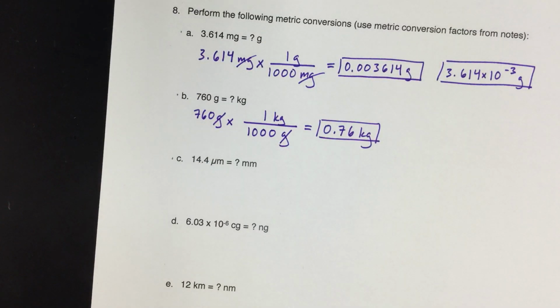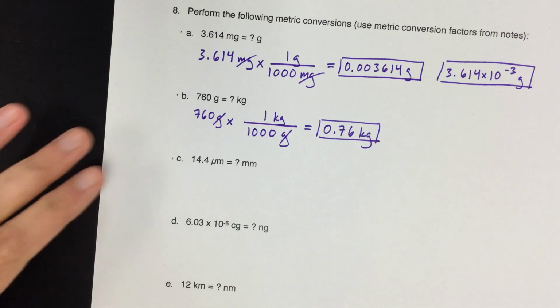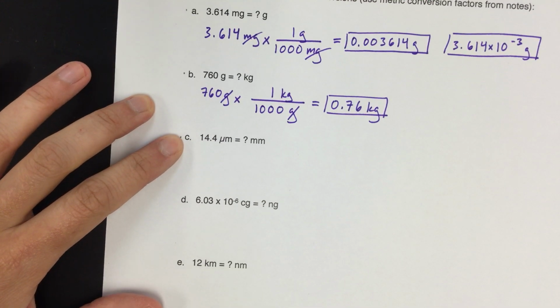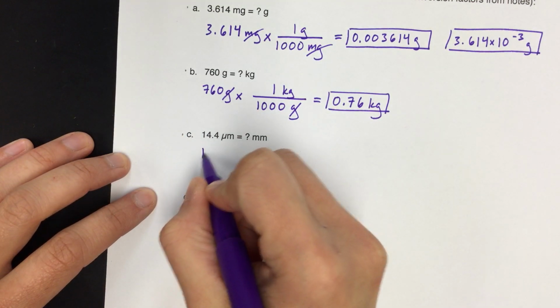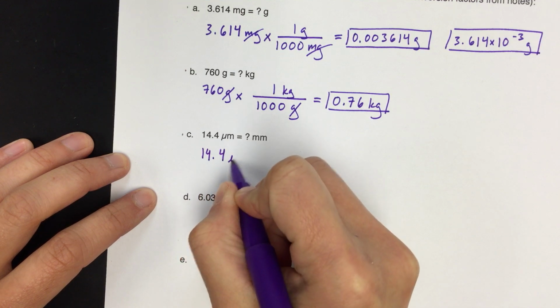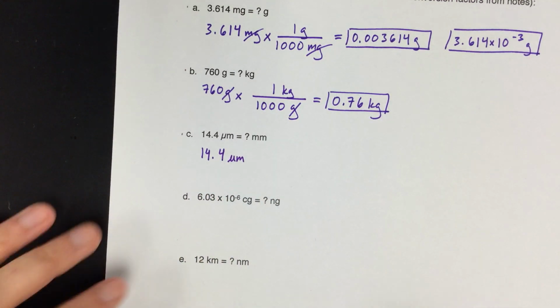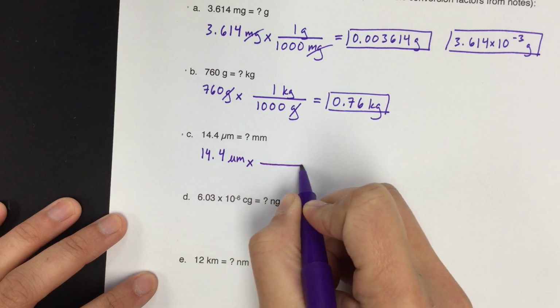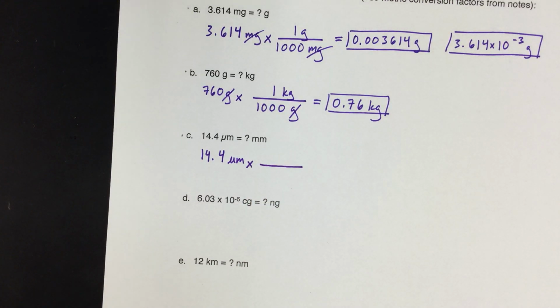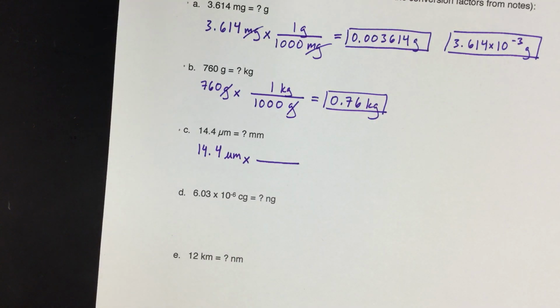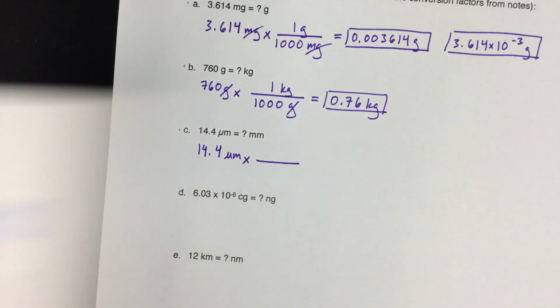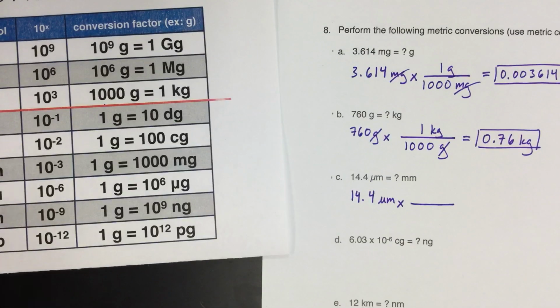And we'll do one more, maybe a trickier one. Part C has 14.4 micrometers equals how many millimeters? So we'll start with micrometers. When you're showing work for this conversion from micrometers to millimeters, the easiest way is to always convert first to the base unit, because you have this chart that has everything in relation to the base unit.